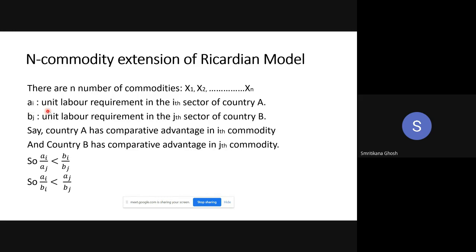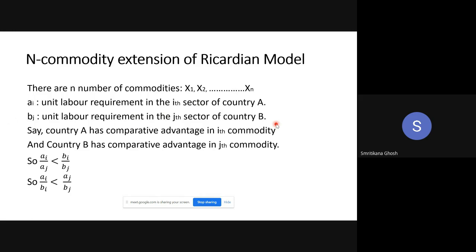Similarly, bj is the unit labor requirement of the jth sector of country B. Similarly, you can find bi also, the unit labor requirement of the ith sector of country B. But okay, ai and bj are the unit labor requirements: a for country A, small b for country B.